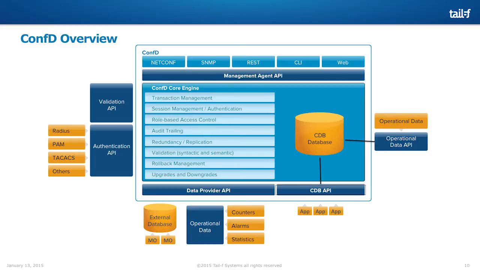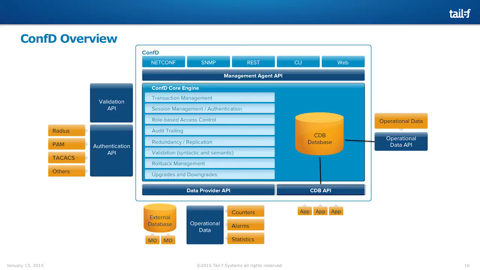In the pull model, that is implemented via the Data Provider API. You'll register callback functions through the Data Provider API, and when someone goes to read that data, ConfD will invoke your callback functions and ask your code to provide the current value for that data. So you can think of it as a cached mode or a real-time mode that's available for implementing that operational data.